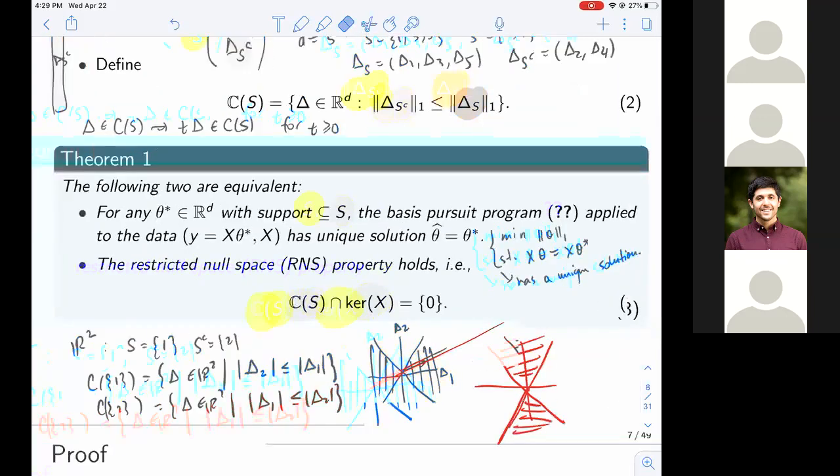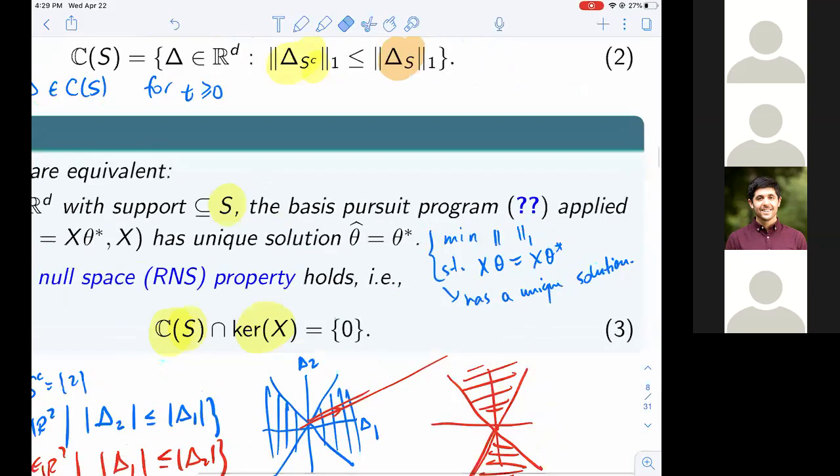Sorry, I was confused. Instead of that program, I was just thinking of solving X theta equals X theta star. Right, so that would have many solutions. What we're trying to do is find a solution which has minimum L1 norm. So this is saying that you can't have two solutions of the system that have the same L1 norm, and that's the smallest possible.